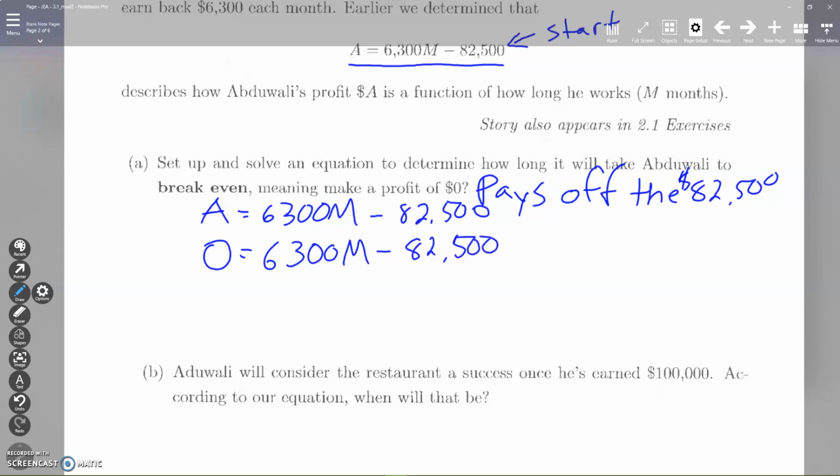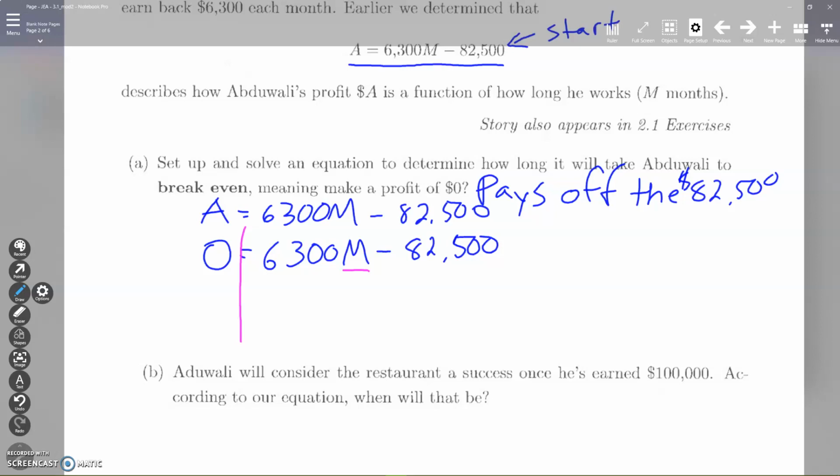And we can follow the steps for solving an equation, and that involves isolating the variable m, getting m all alone on one side of the equation. And in order to do that, we need to cancel or remove or take care of those other two numbers there, the 6,300 and the 82,500.